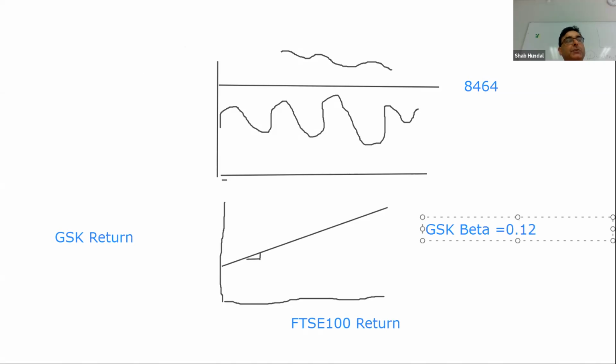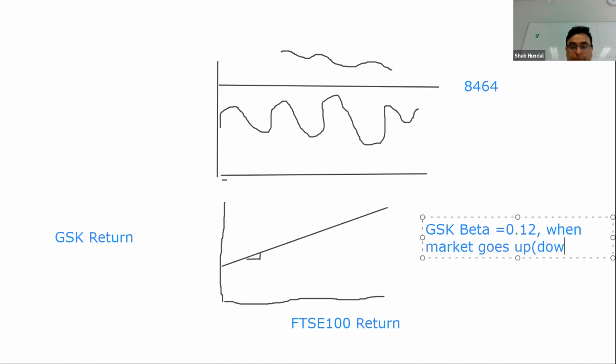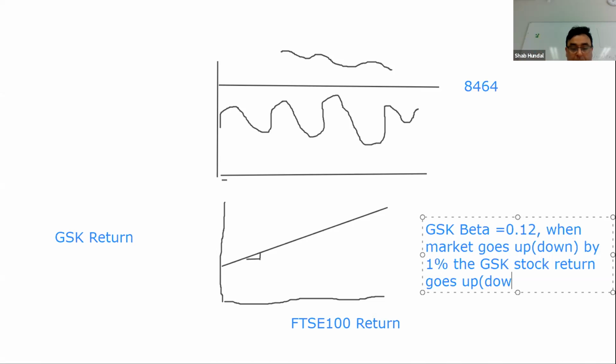Never write beta in percentage, which means that when the market goes up or down by 1%, the GSK stock return goes up or down, it works both ways, by 0.12%.